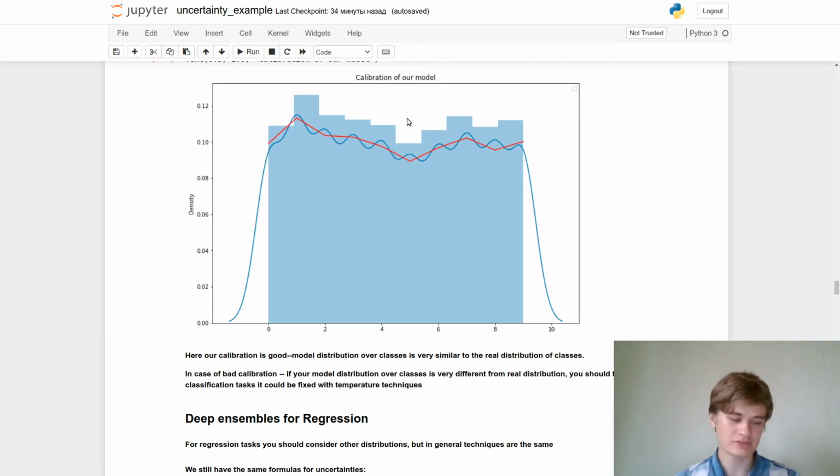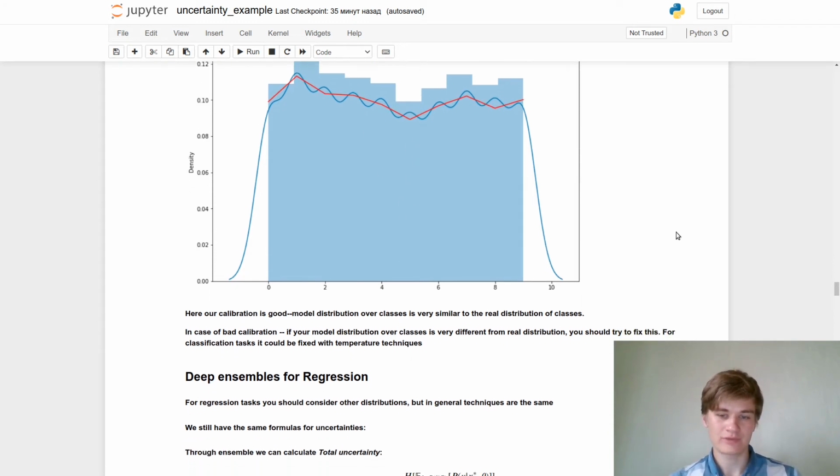For classification it is quite simple with some temperature techniques in softmax or some other approaches that you can find in additional materials in GitHub with this notebook.